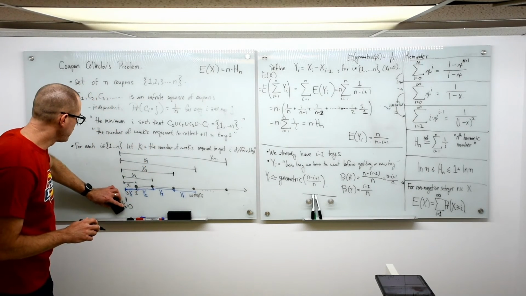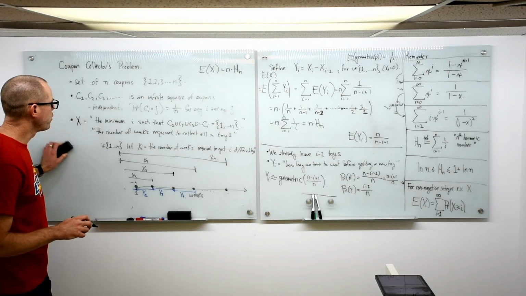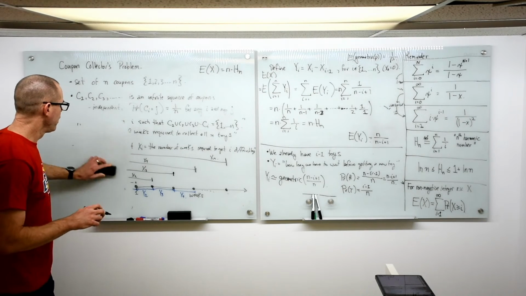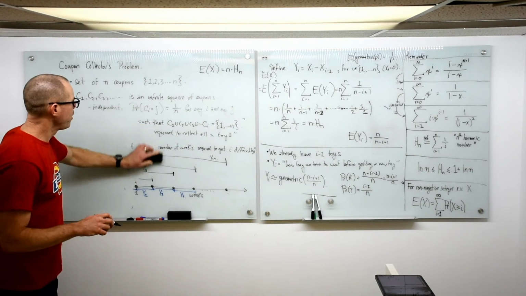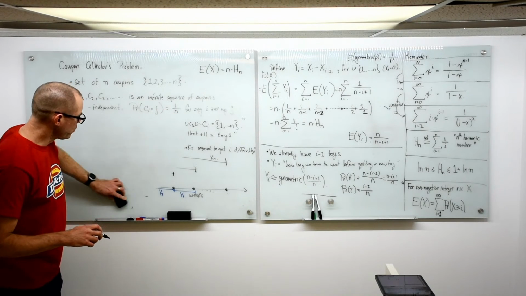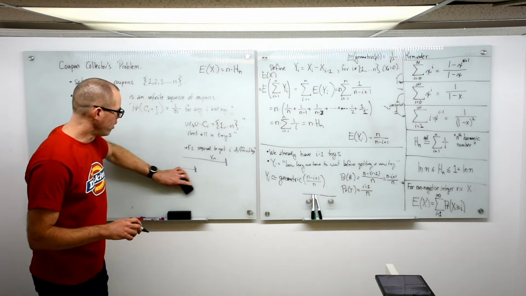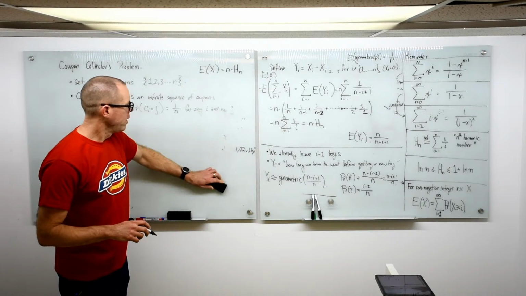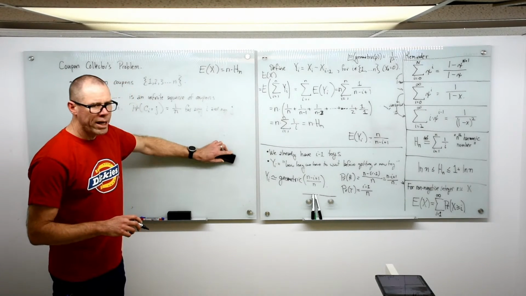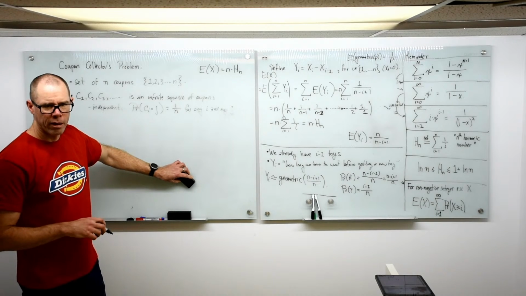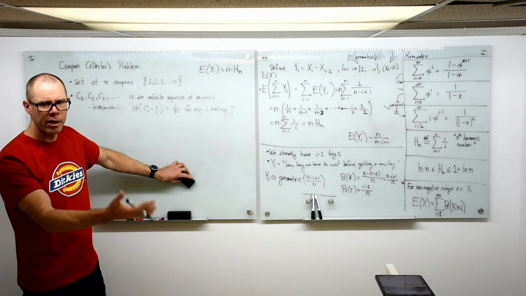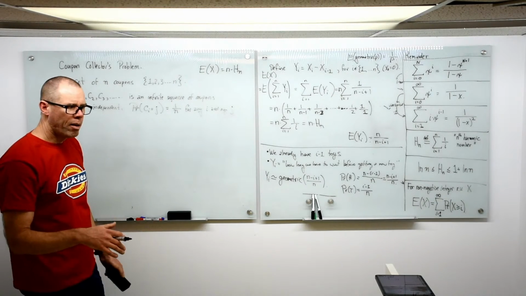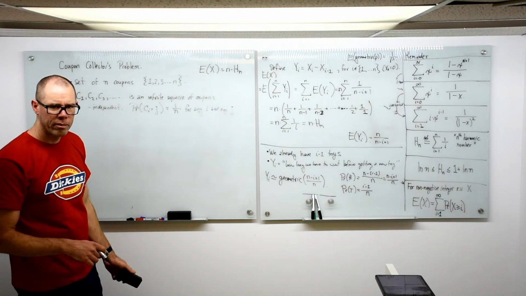Good. So that was the geometric distribution and an application of it. As you can maybe imagine, the geometric distribution shows up all the time because there's just tons of experiments where you're waiting for something to happen. Events keep happening and you're waiting for a particular event to happen.